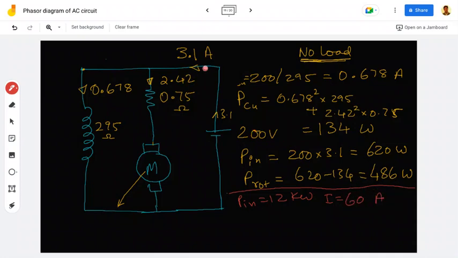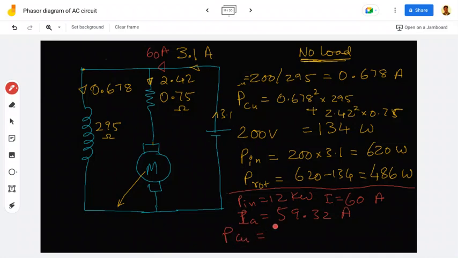So the current increased to 60 amperes and the field current will be the same. Therefore the armature current will be 60 minus 0.678, which is 59.32 amperes.